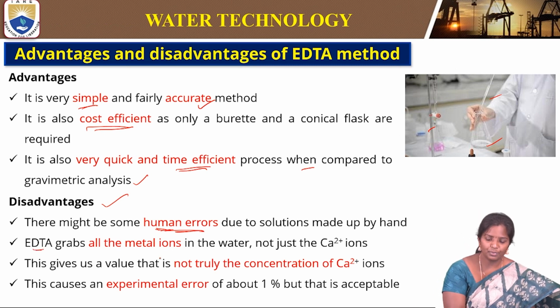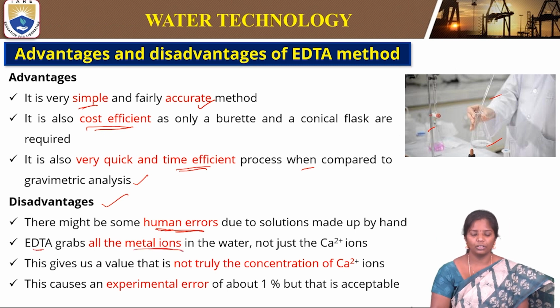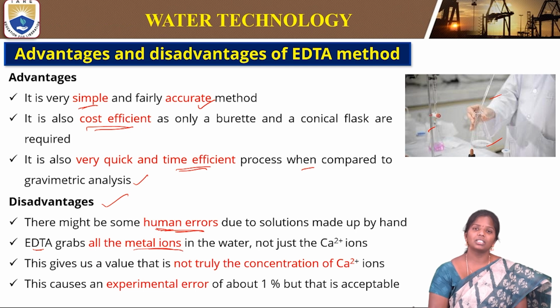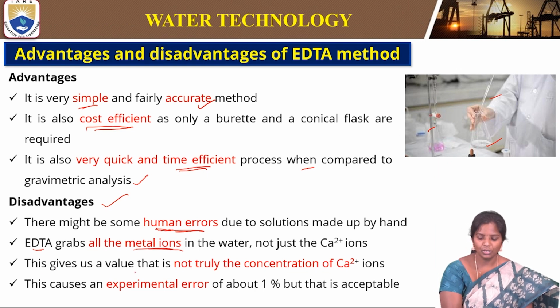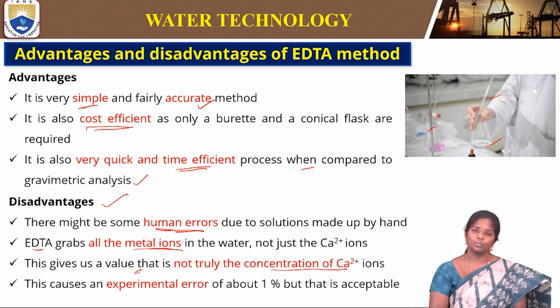And EDTA grabs all the metal ions present in the water. EDTA is capable of forming complexes with all metal ions, not just calcium or magnesium. That is another disadvantage, and it gives us a value that is not truly the concentration of calcium 2 plus ions.